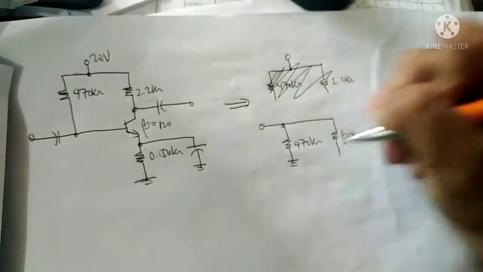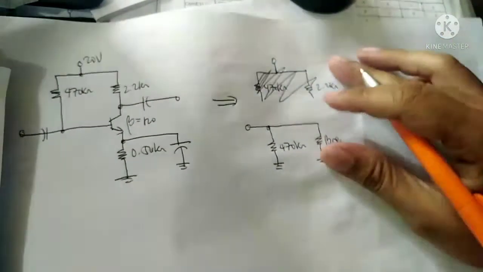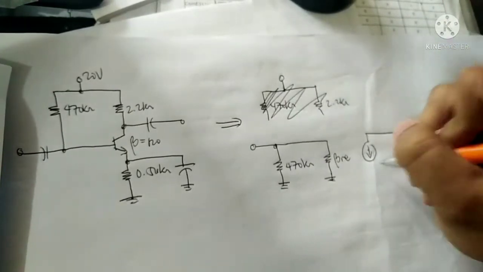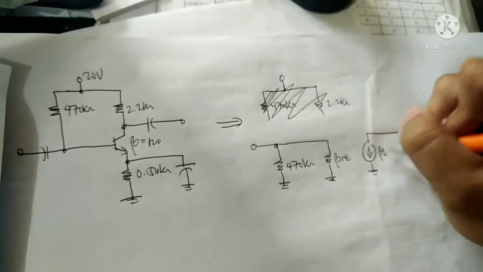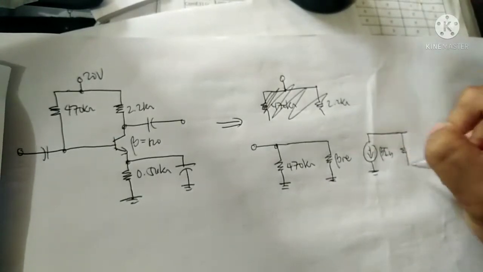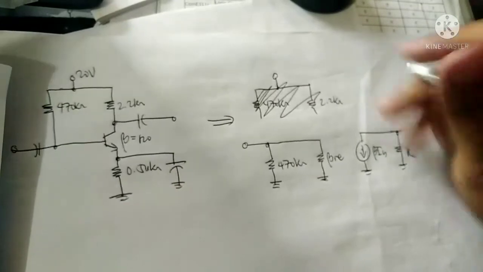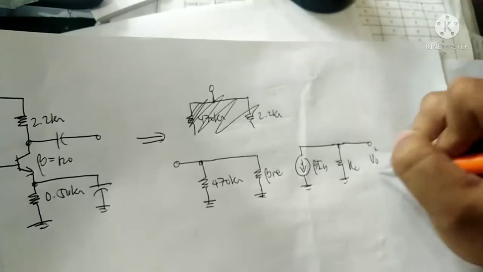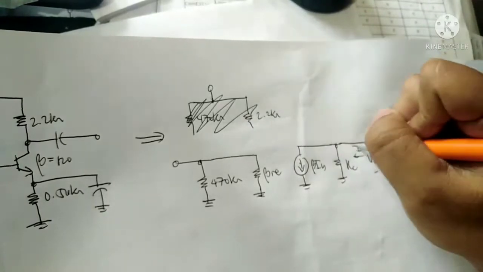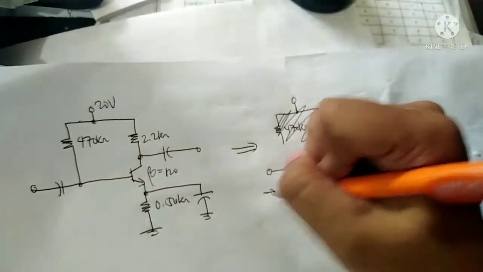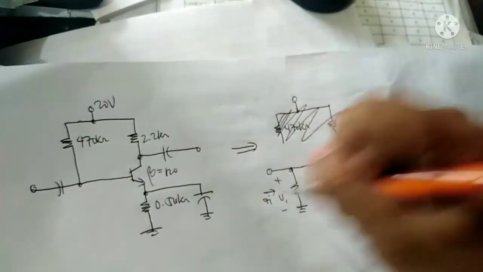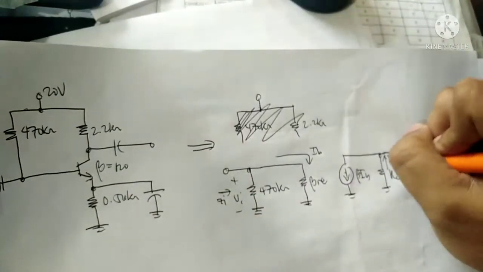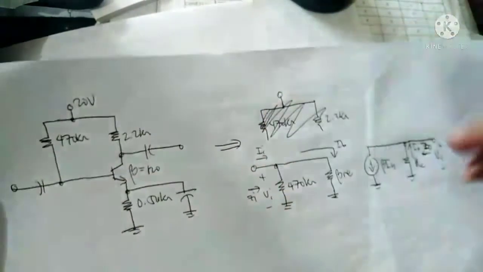So therefore ground is here, and then the current source is beta IB, and then this will be equal to RC. Output C out. This is ZI, VI. This is IB. This is I out. This is I sub I.